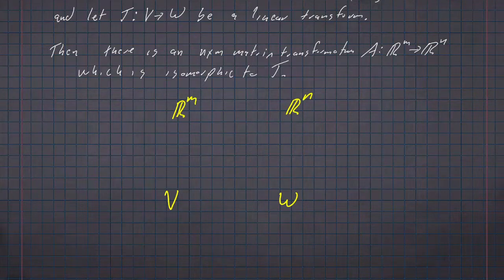I'm going to draw kind of a box with the corners labeled as Rm, Rn, V, and W. And of course, my transformation T maps from V to W. And I've said that I want a transformation A, which maps from Rm to Rn. So let's go ahead and label that and call it A.